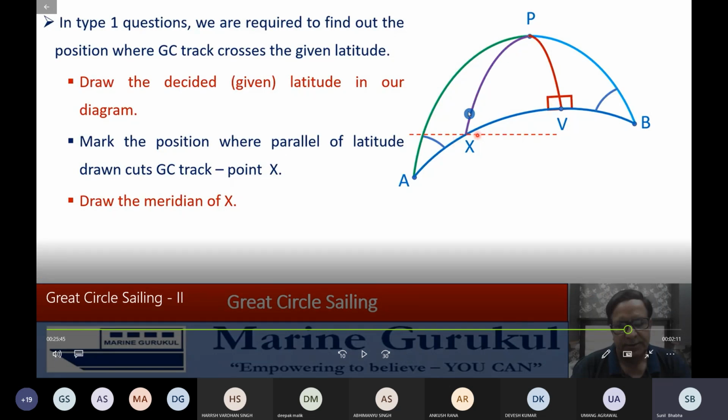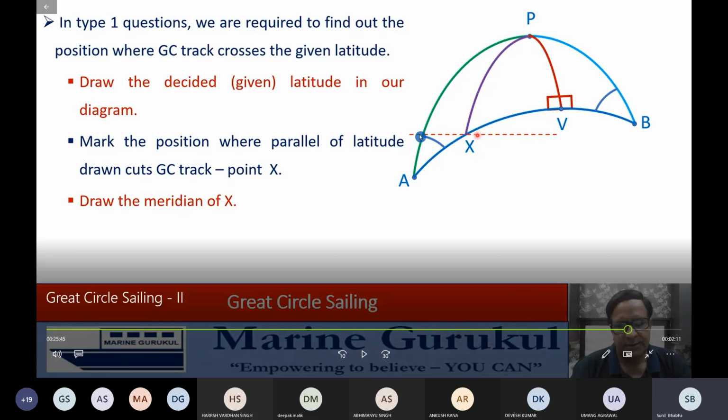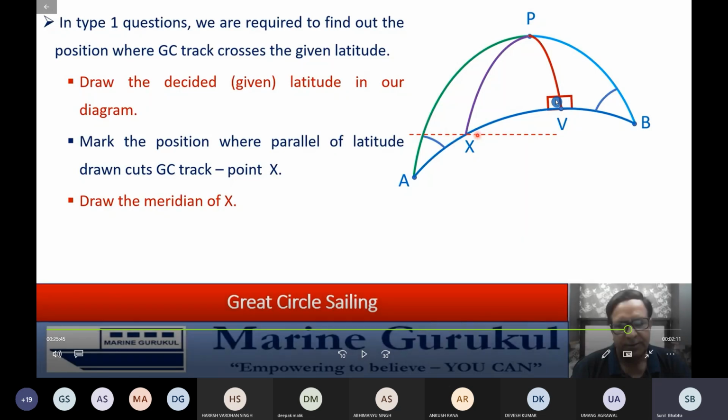PX is the colat of X. It will be the colat of position X, or the colat of the latitude which is given to us. So whatever latitude is given to us where we have to find the intermediate position, the colat of that will give us PX. Once these two are known to us and it's a right-angled spherical triangle, we can apply Napier's rule and find out anything else. So let's see how we apply Napier's rule now.